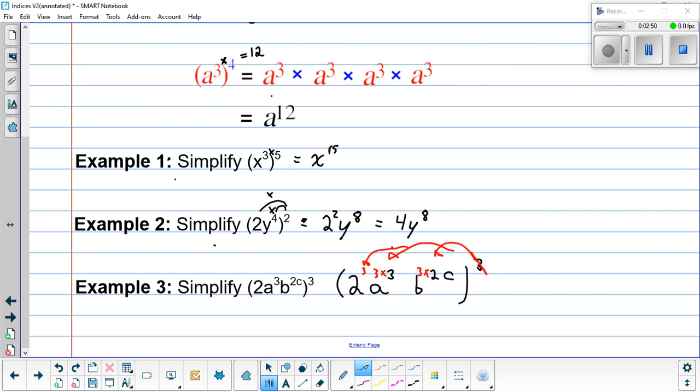So 2 to the power of 3, a to the power of 9, and then b to the power of, well, 3 times 2 is 6, and then c. So we get 8, a to the 9, b to the 6, c. That's as simple as I can get.